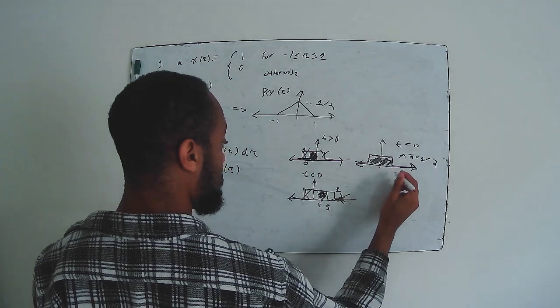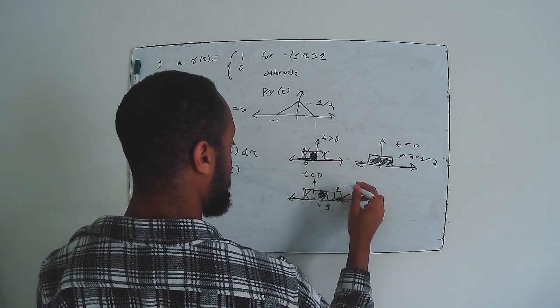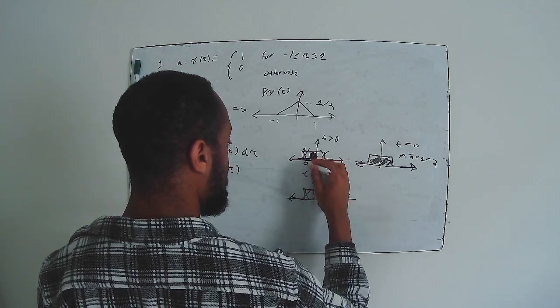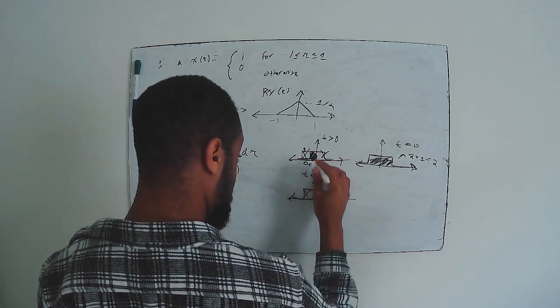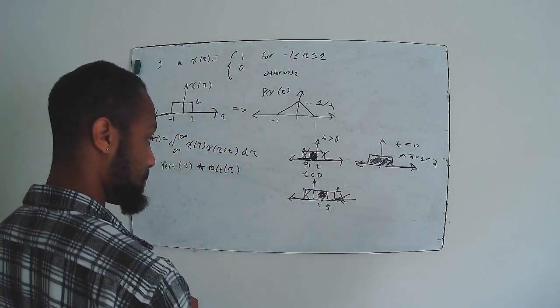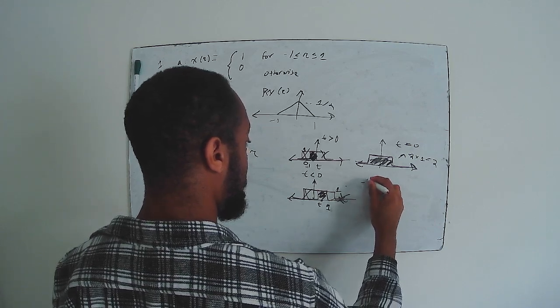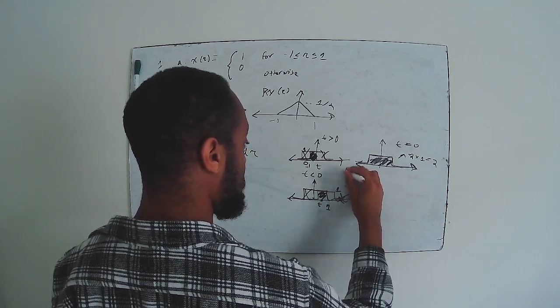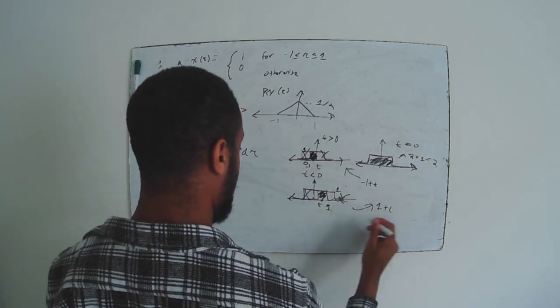This is minus 1 to 1, so that's the area underneath. Here it's going to be this area, which is minus 1 t times 1. So over here we get minus 1 plus t for this one, and over here we get 1 plus t. So it turns into a piecewise.